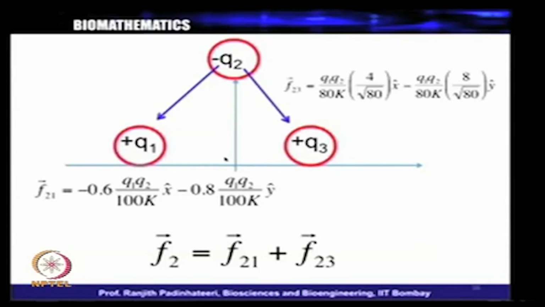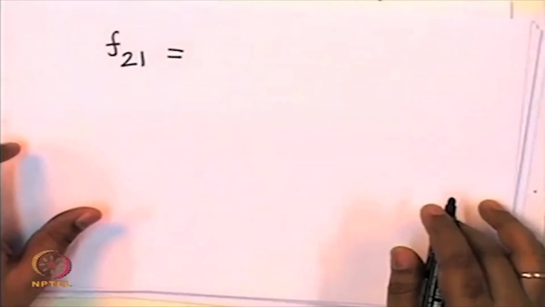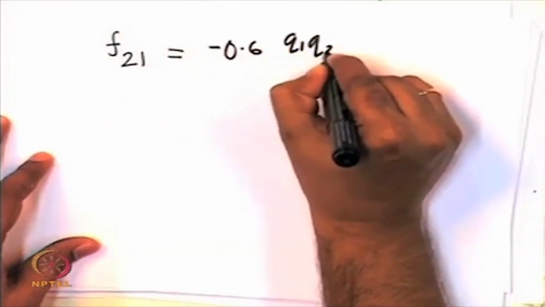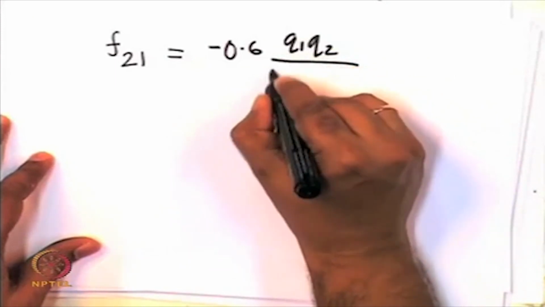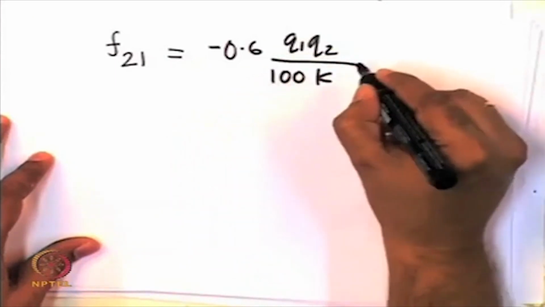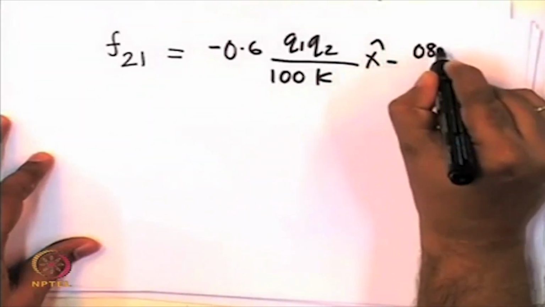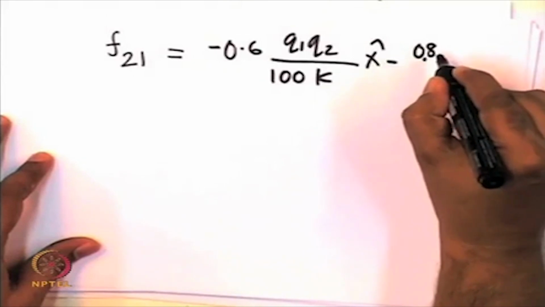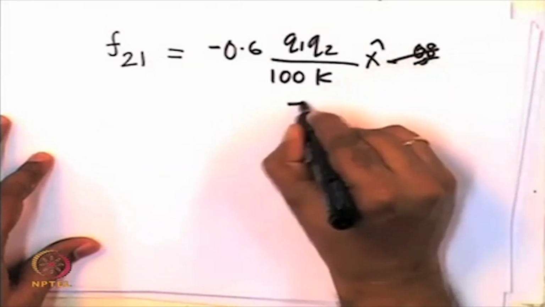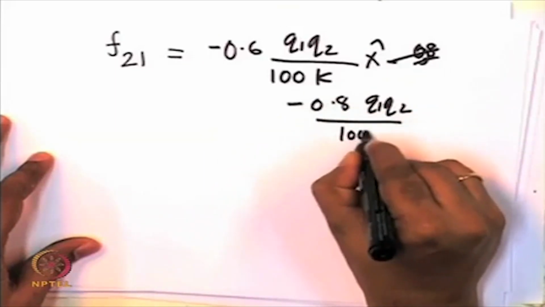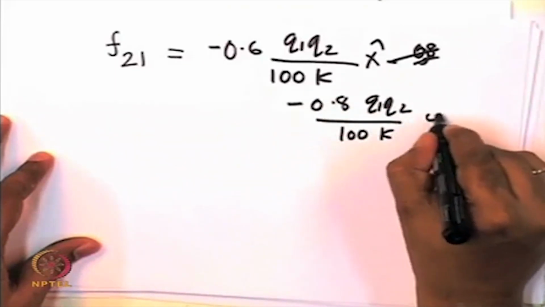What we found is that F21 is equal to minus 0.6 q1 q2 divided by 100 k x cap minus 0.8 q1 q2 by 100 k y cap.